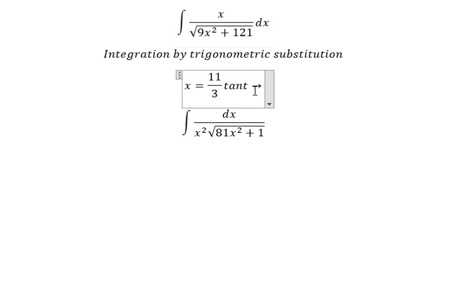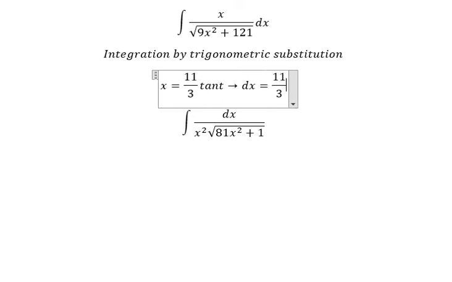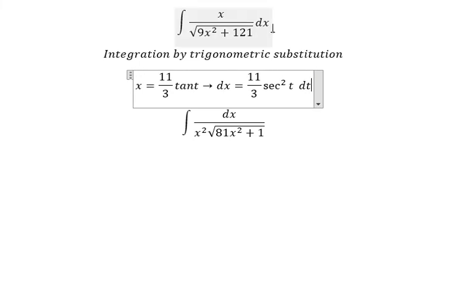Next, we take the derivative of both sides, and you get 11 over 3 secant squared t dt.